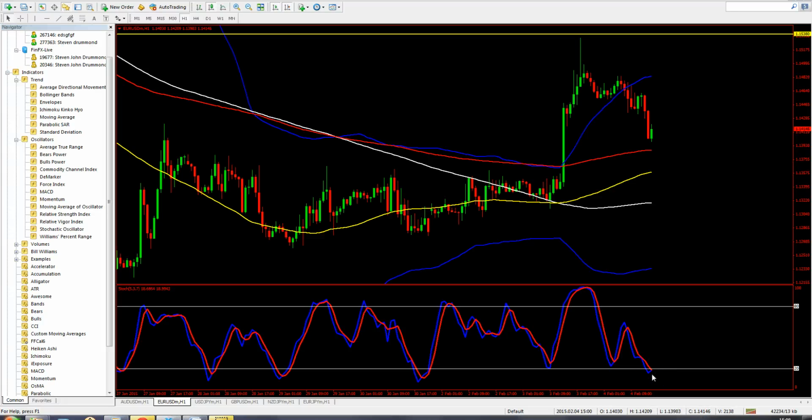We use this not as a signal to trade, but another tick for the checklist to identify highly probable situations of a reversal. We only take short trades when the stochastic is overbought, and we only take long trades when the stochastic is oversold. Also, we'll look out for positive or negative divergence in a stochastic.